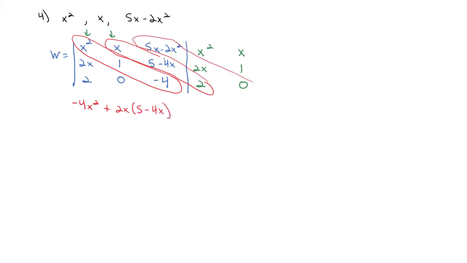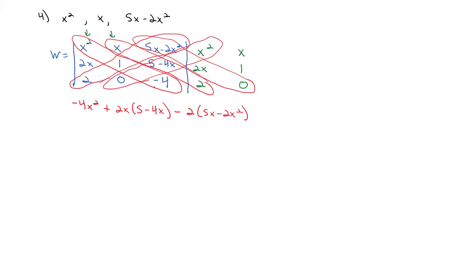And the last diagonal, because we're multiplying by 0, is 0. Subtracting, going the other way, we're going to have subtracting 2 times the 5x minus 2x squared. The next diagonal is 0, because we're multiplying by a 0. And the last diagonal, we're going to subtract negative 8. Subtracting a negative makes it positive 8x squared.